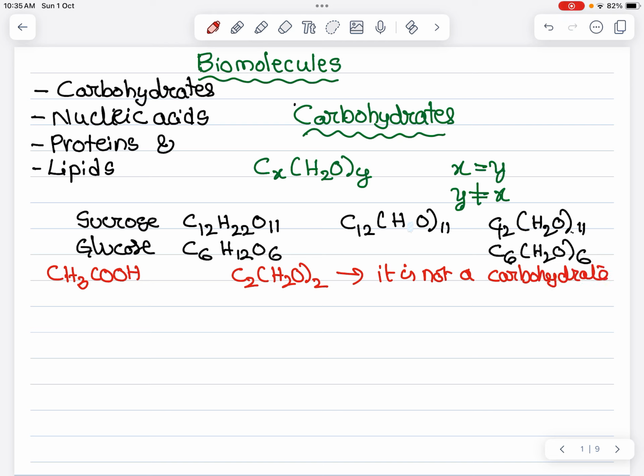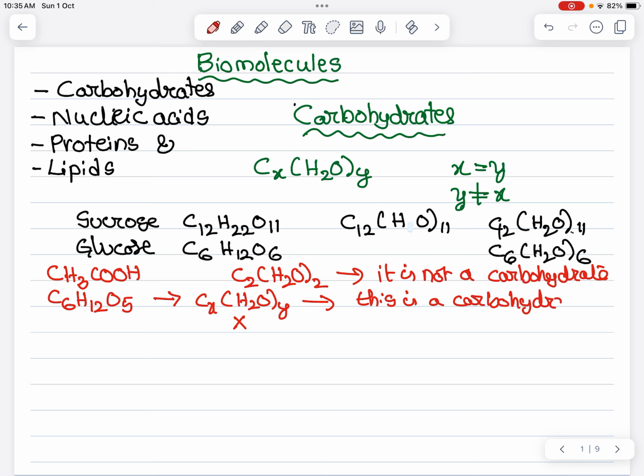For example, rhamnose, C6H12O5, doesn't fit in this formula, but this is a carbohydrate. Hence we need a new definition.